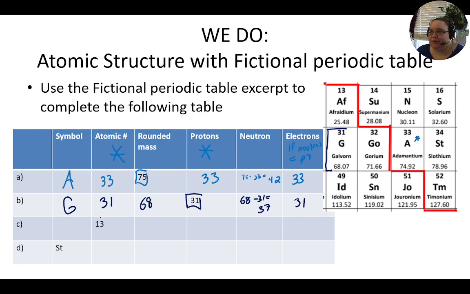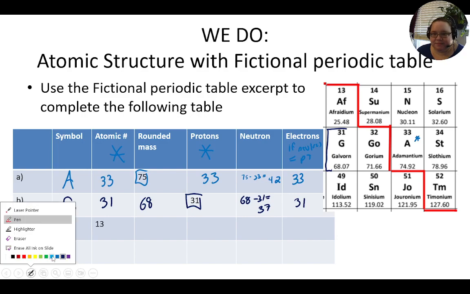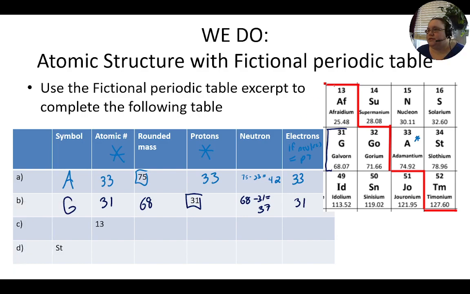So element number 13, that's this one up here. Atomic number and my number of protons are the same thing. So upper case A, lower case l. These symbols are codes, abbreviations, and it is important that the first letter be uppercase and the second letter be lowercase.